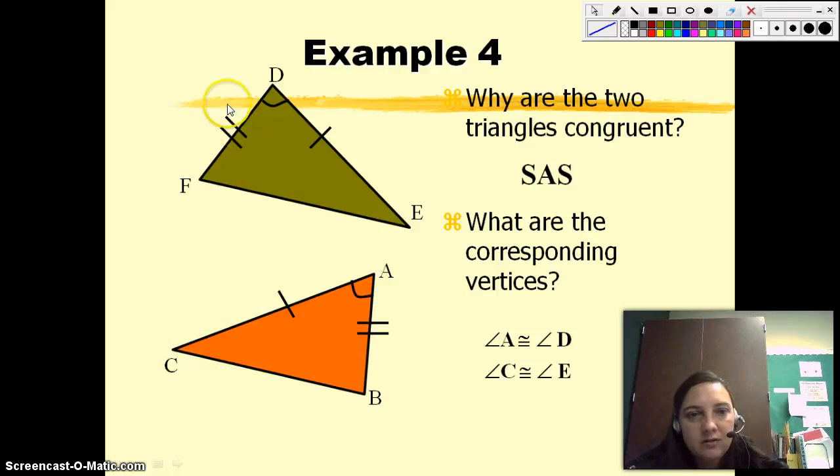So here's my marked 2 side on my green triangle. So across from it is E. So C and E correspond together. And then B and F. Those are the last two. B corresponds with the marking across from it with the single mark. So I need to go to the single mark, and across from it is angle F. So those are corresponding to each other.